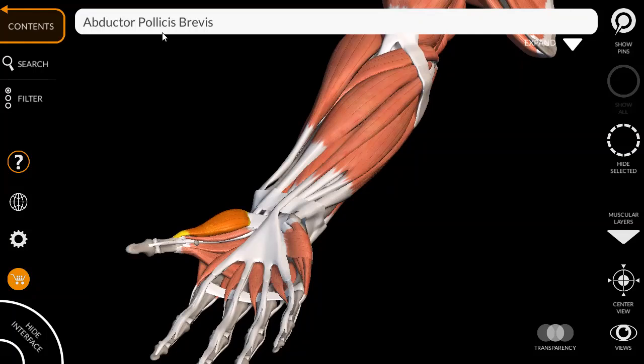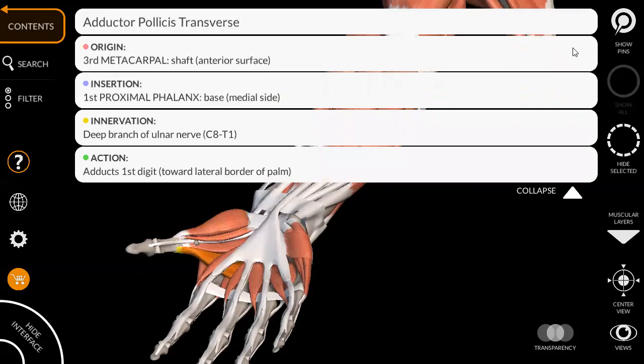In Latin, the thumb is called pollex. So abductor pollicis brevis means it abducts your thumb, and there are muscles that flex your thumb, adduct your thumb, and move your thumb transversely. So it adducts the first digit toward the lateral border of the palm.